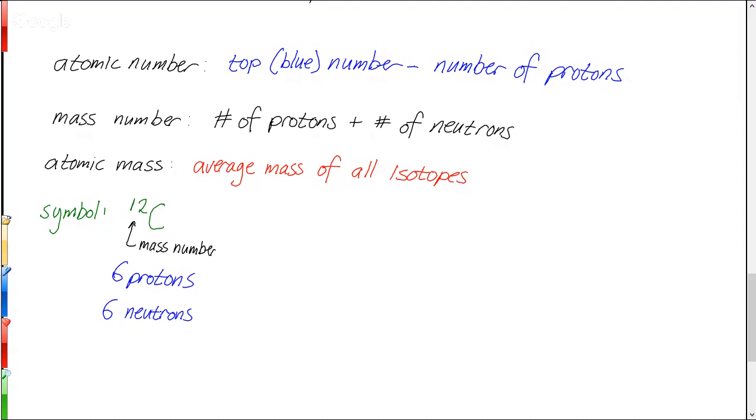And that means that all the positive and negative charges have to balance. There has to be the same number of positive and negative charges. So we've already said that there are 6 protons, which tells us 6 positive charges in this atom. So for it to be neutral, there need to be 6 negative charges also to balance this thing out. So we can say there are also 6 electrons.